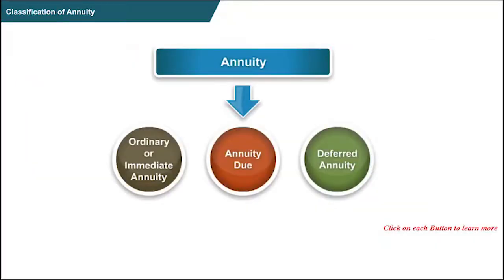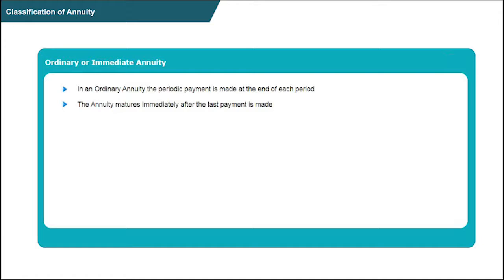Now, the annuity can be classified into three types based on the mode of periodic payment. The first one, ordinary or immediate annuity. Second, annuity due. The third, deferred annuity. What happens in an ordinary annuity? The periodic payment is made at the end of each period, and the annuity will mature immediately after the last payment is made.